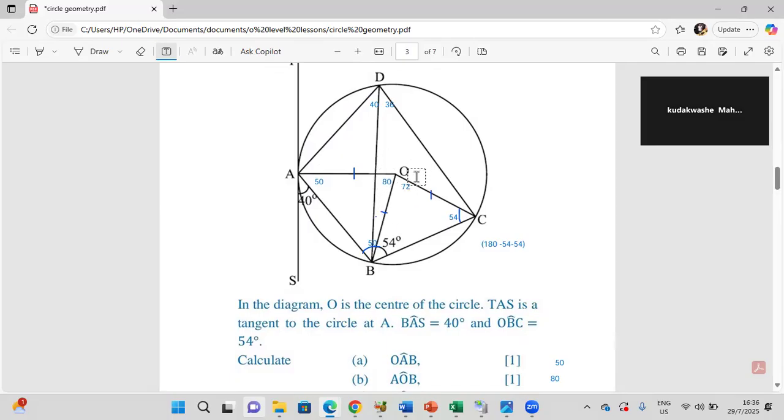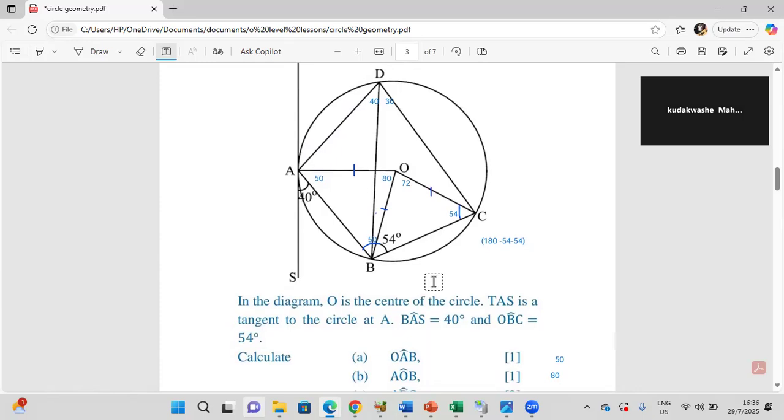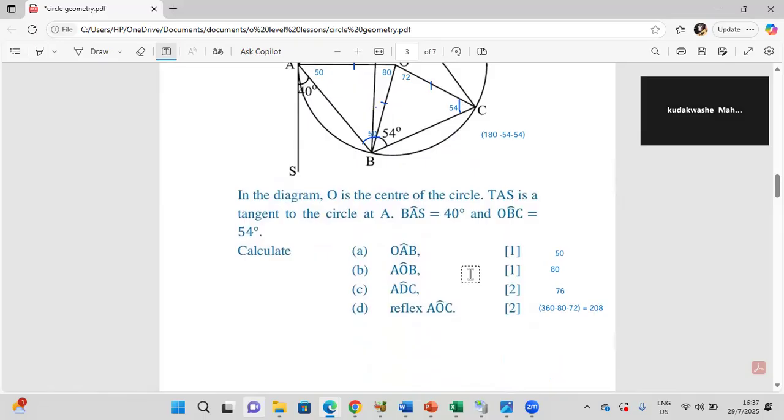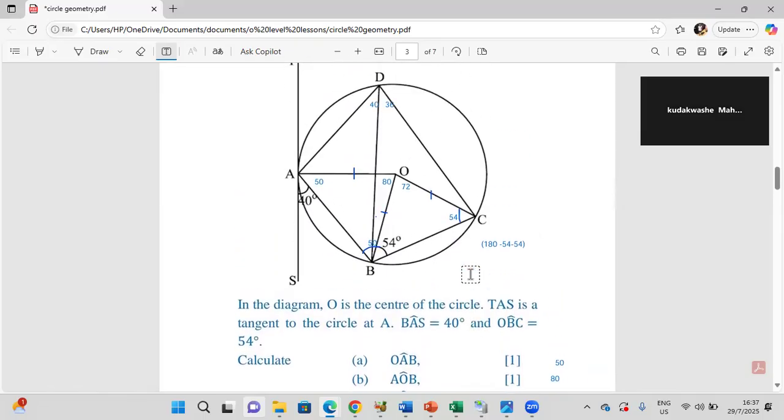So the angle behind is 360 minus 80 minus 72. So you say 360, you remove 80, you remove 72. That's 208.